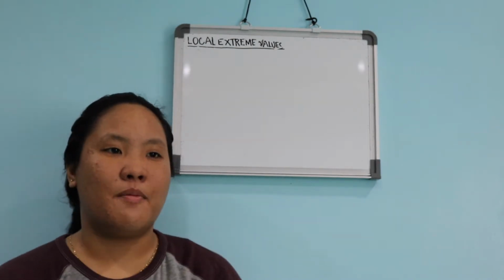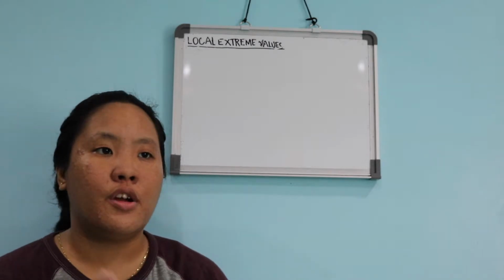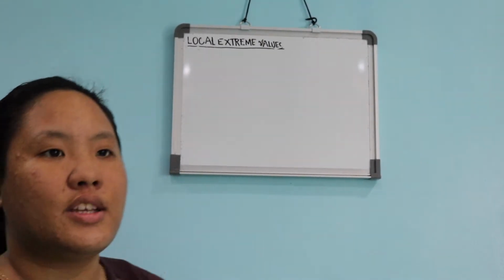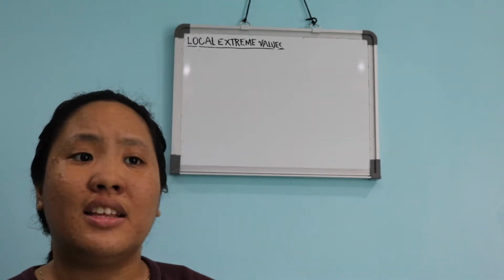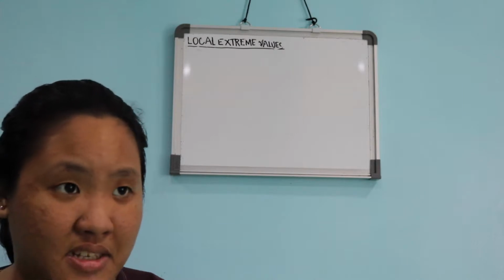What makes it impossible for a local maximum or local minimum to occur at c otherwise is this: suppose that f has a local extreme value at c, and suppose that f prime of c exists.